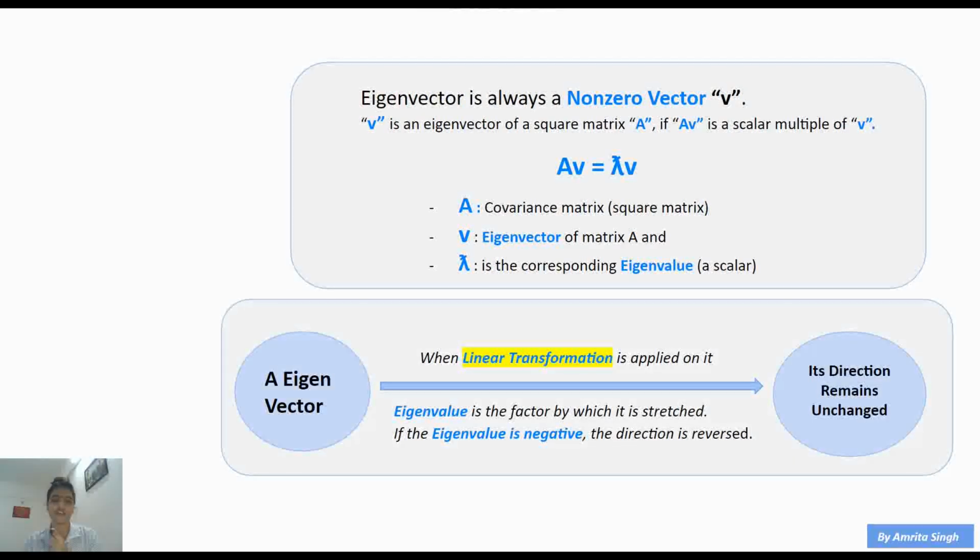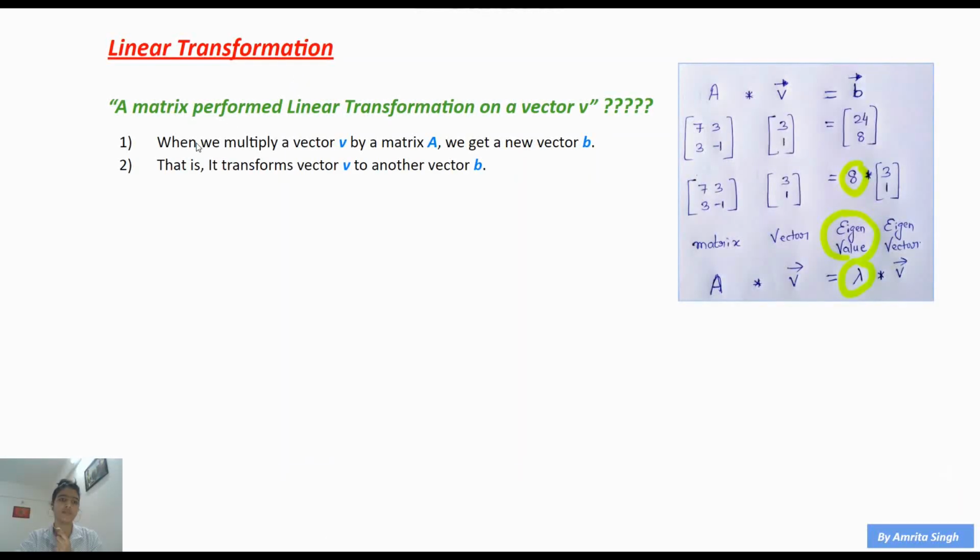By linear transformation applied on an eigenvector, what I mean is, suppose we have a vector V and a covariance matrix A. When we multiply them, we get another new vector. It's just transforming a vector into another vector. This is what we mean when we say the matrix is performing a linear transformation on a vector.